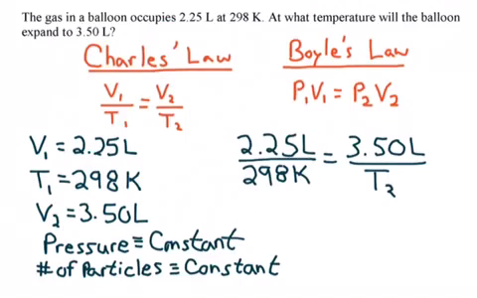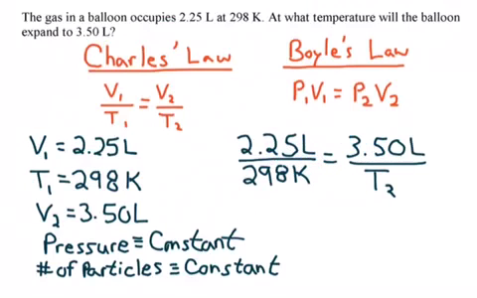Now, since we have two fractions here, a fraction on the left-hand side of my equation and a fraction on the right-hand side, because these two fractions are separated by an equal sign, I can just cross multiply.